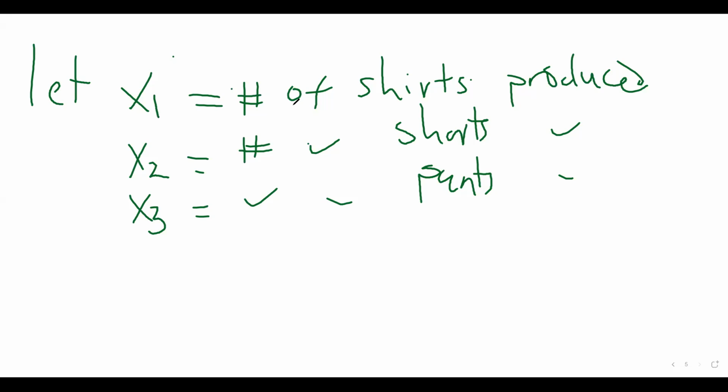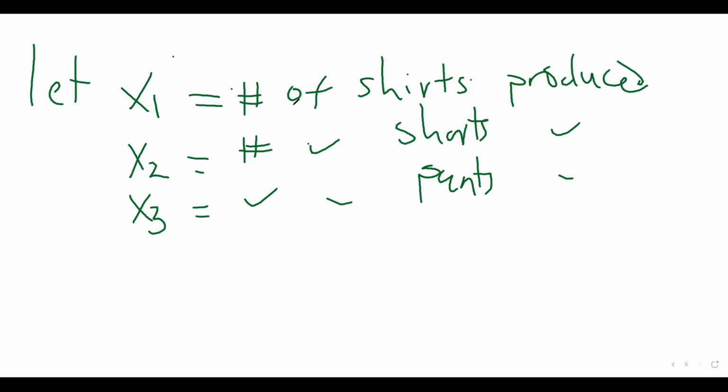So this thing is either there or it's not there. As long as the machinery is there, the number of shirts I'm going to produce doesn't matter. So those machinery rentals do not depend on the amount of the clothing type.